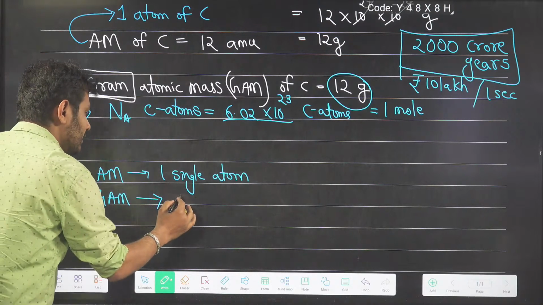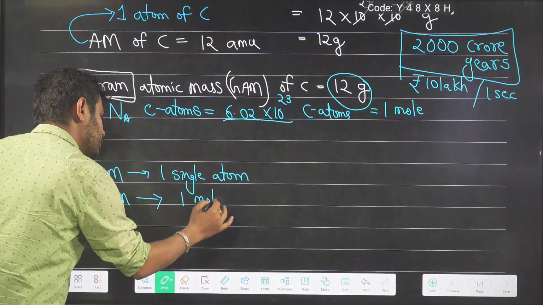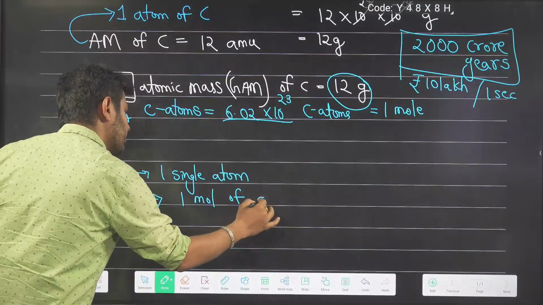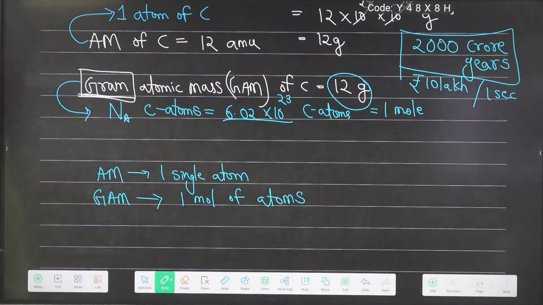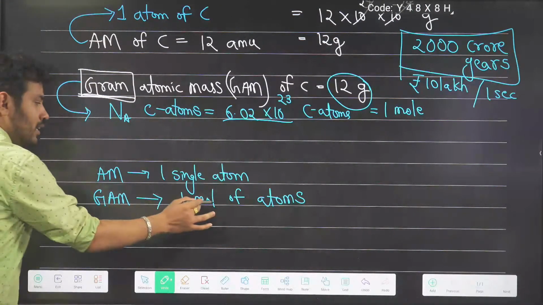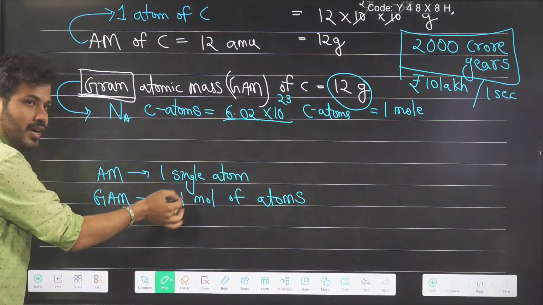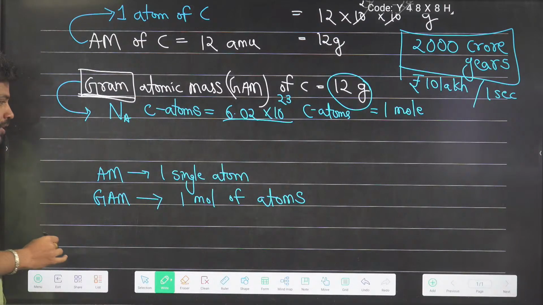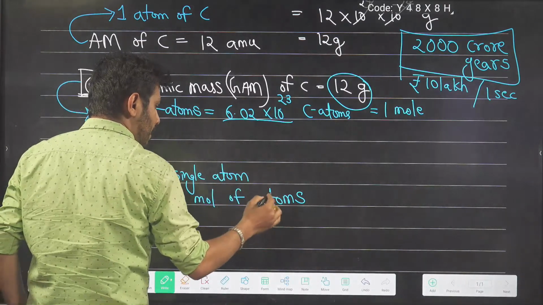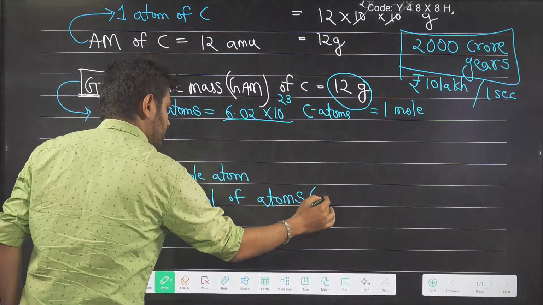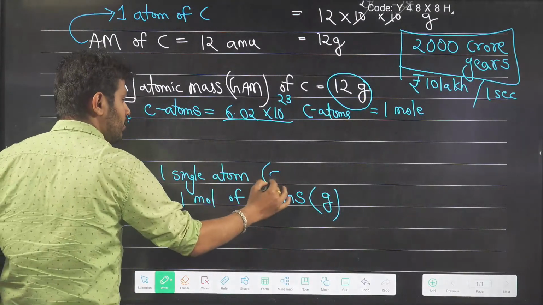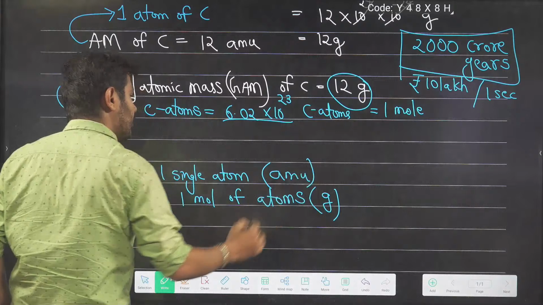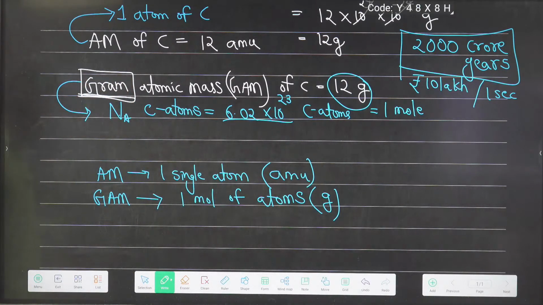Yes, it is 1 mole of atoms. Any atom we can talk about. Here I have taken carbon as an example. You can take any example. A single atom is atomic mass. 1 mole of atoms, Avogadro number of atoms, is gram atomic mass. Here the unit will be gram because it is gram atomic mass, and when it is atomic mass, the unit is atomic mass unit. I hope you got this logic.